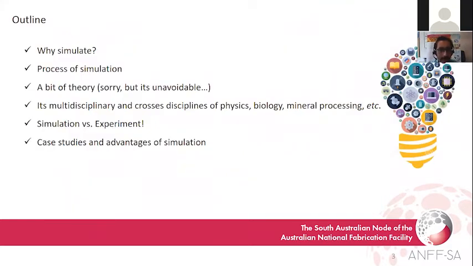So this is the outline of my presentation today. I briefly mention the simulation benefits, but you will see some case studies with the simulation role highlighted in coming slides. Then I explain the process of simulation, a bit of theory. We won't go deep through the theory because it's not the interest of our seminar today.